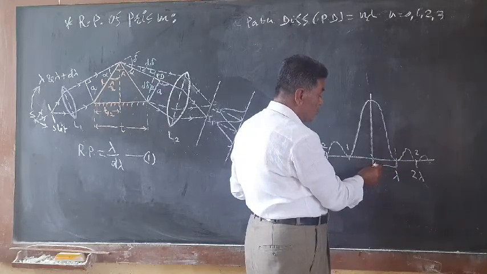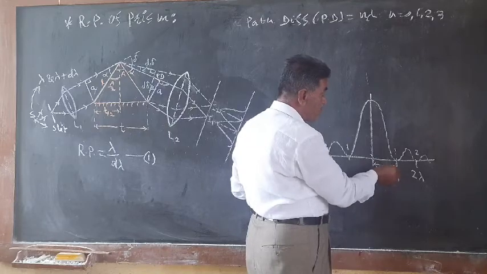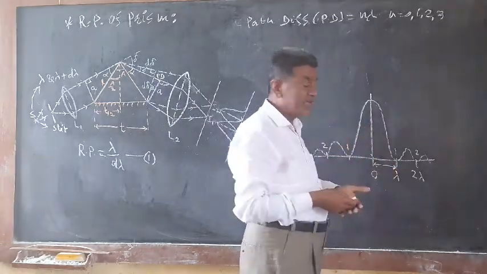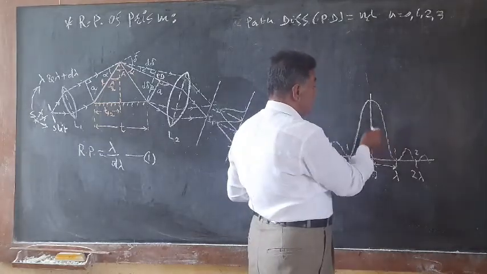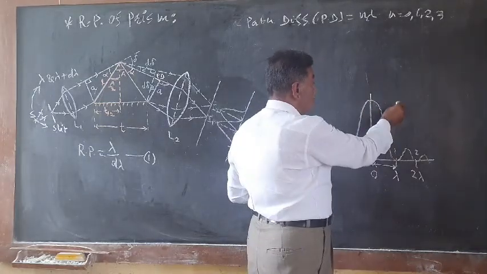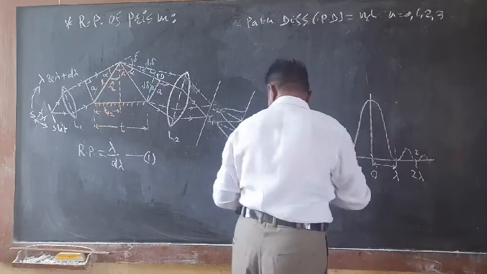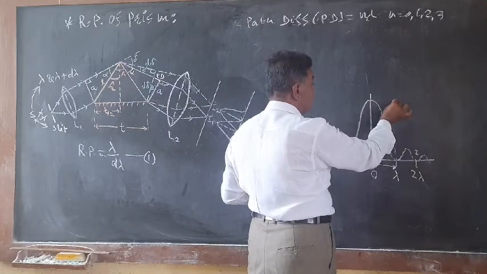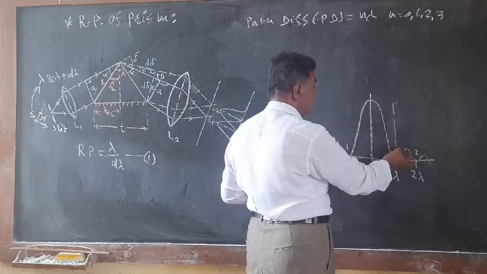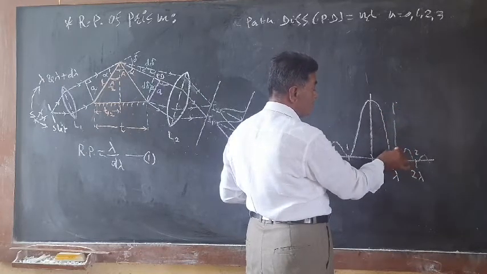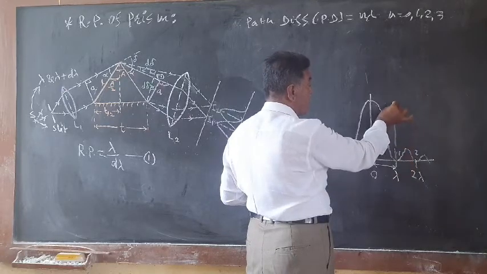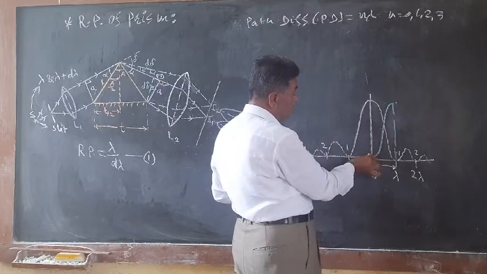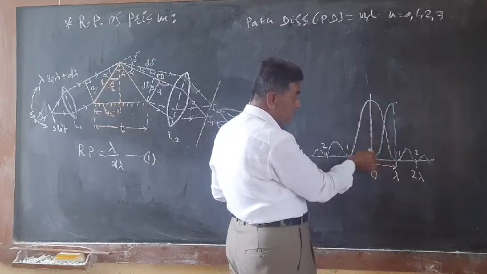According to Rayleigh's criterion, the principal maximum of one diffraction pattern must coincide with the first secondary minimum of the other, and the first secondary minimum of this should fall on the principal maximum of the first.